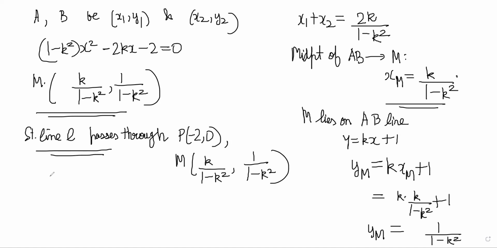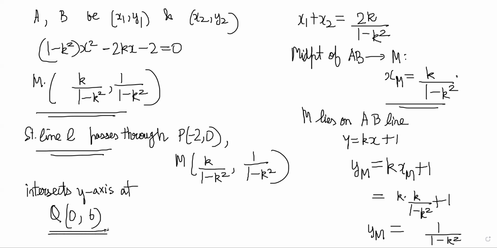The straight line L intersects the y-axis at Q, say Q has coordinates (0, b). So P, M and Q are on line L, so they are collinear, and because they are collinear points, we can equate the slopes.